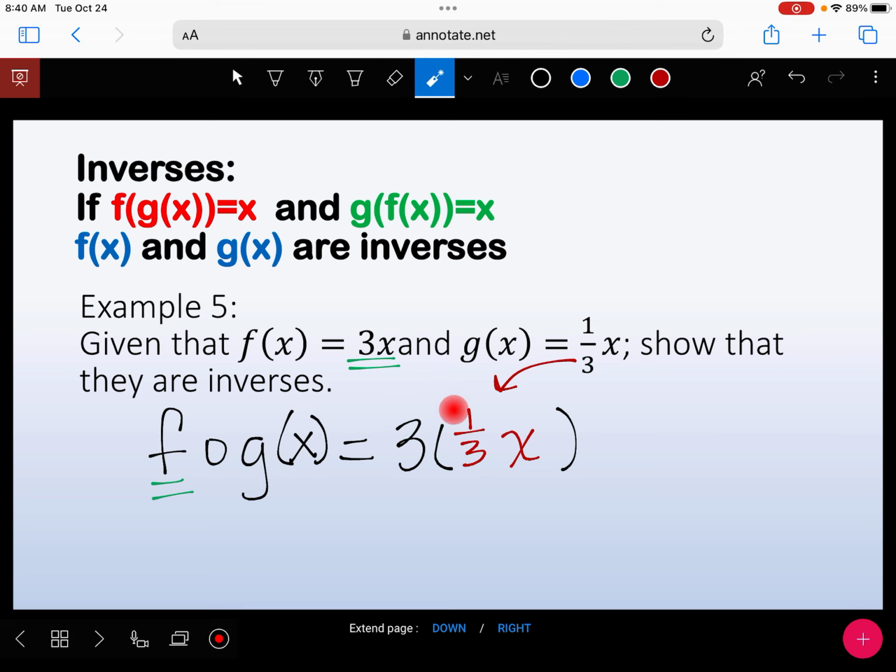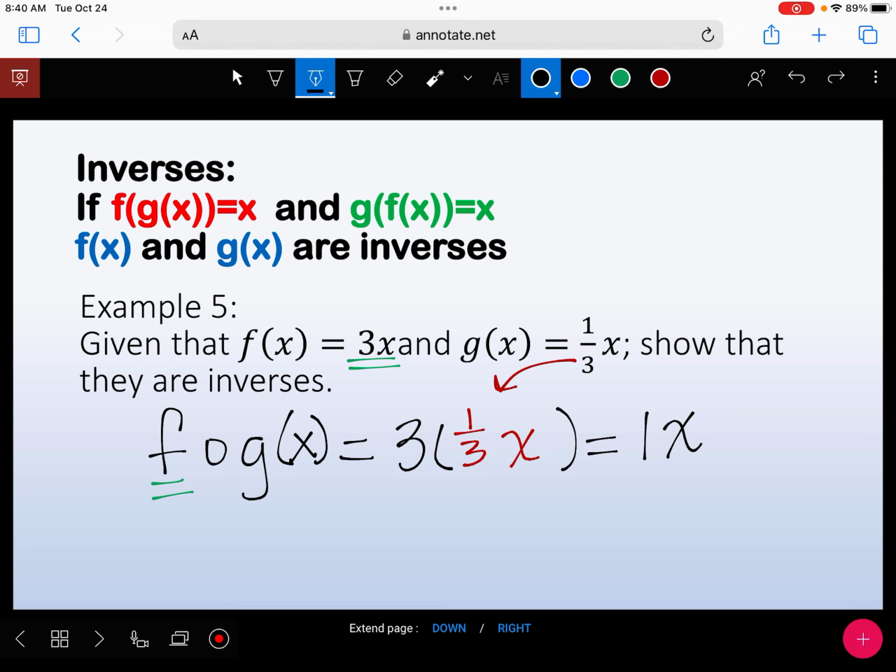If you need a calculator, feel free to type it in. So you should get 1x, which means that the answer is yes. Well, it's not saying show, but that's how you show it. You show it by doing a composition. But you don't have to check the other one. You only need to do one.